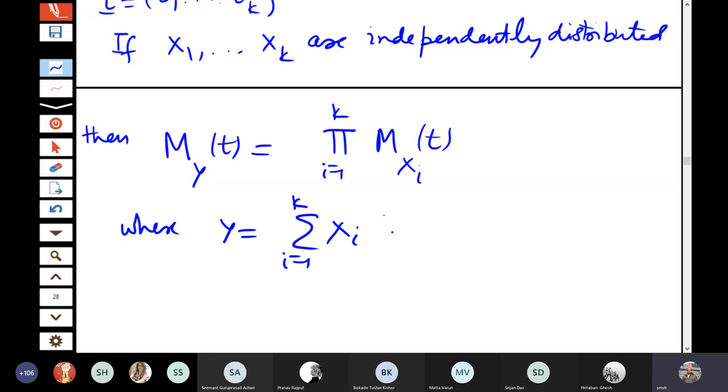Using this last result that I have given, we can actually prove the additive properties of various distributions.